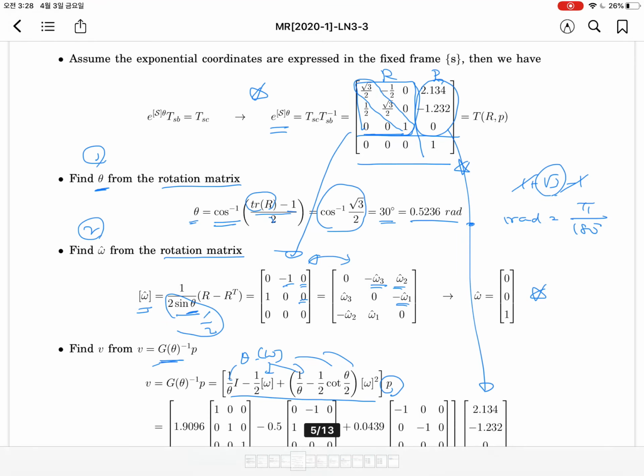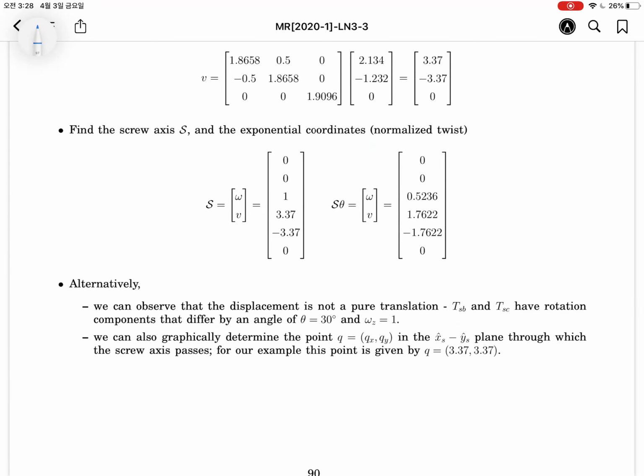So this will be applied to here. Then the linear velocity of the screw axis is obtained like this. By collecting omega and v, we can get a 6-dimensional screw axis, omega and v.